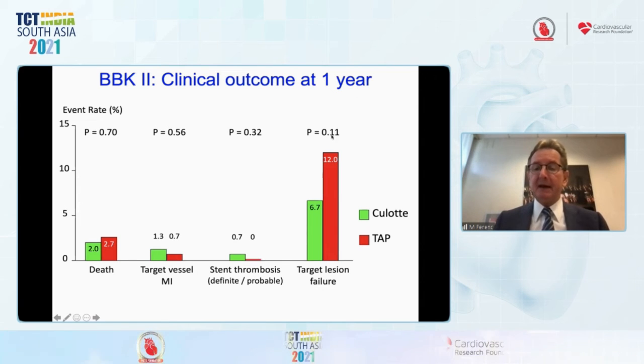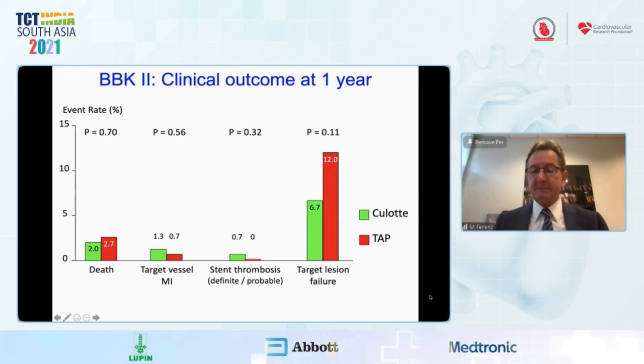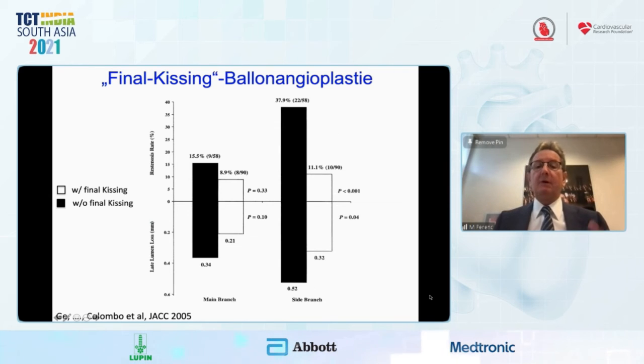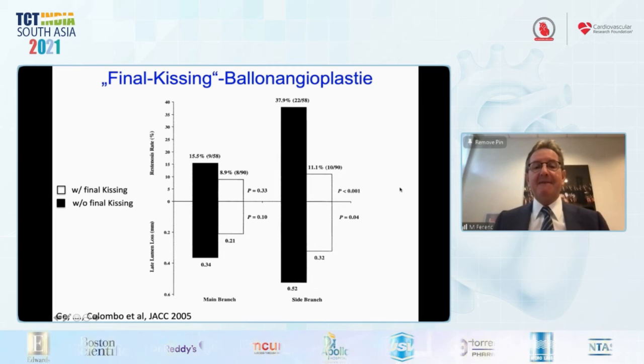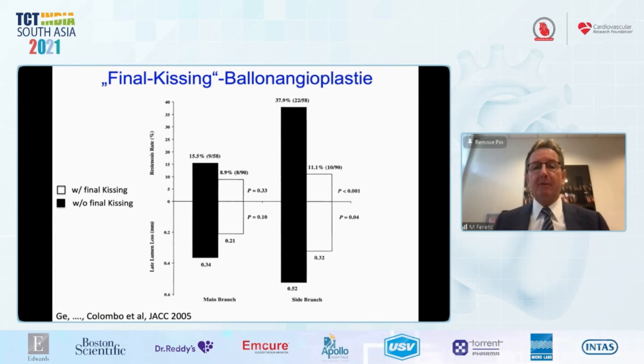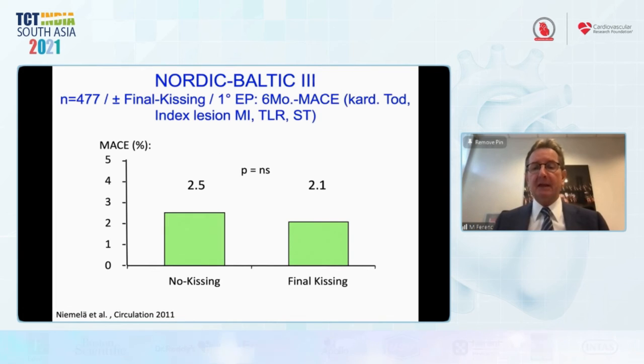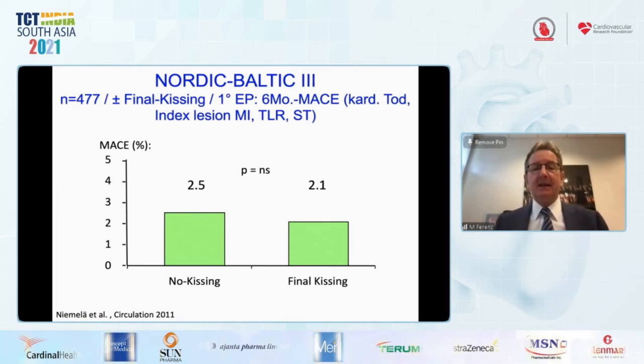And even at clinical follow-up 1 year post PCI, we had a very clear trend to better clinical outcomes after culotte. What is really very important if you perform double stenting: final kissing angioplasty with double kissing with 2 balloons is absolutely obligatory.